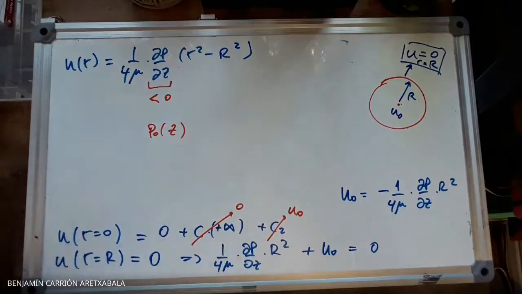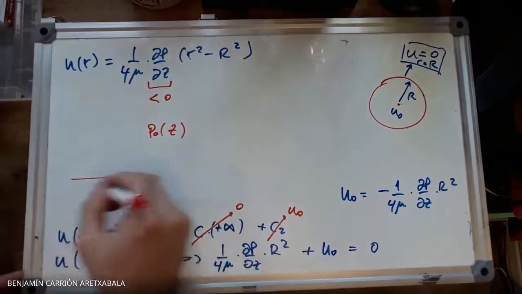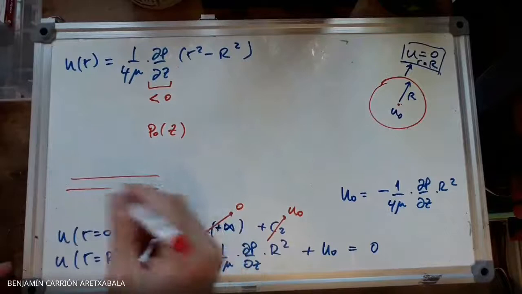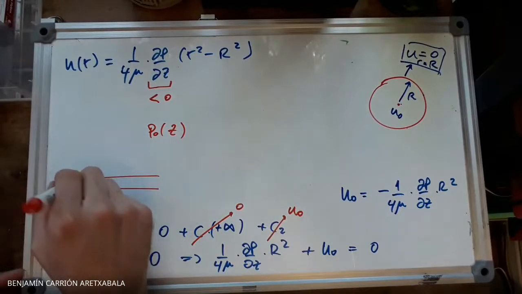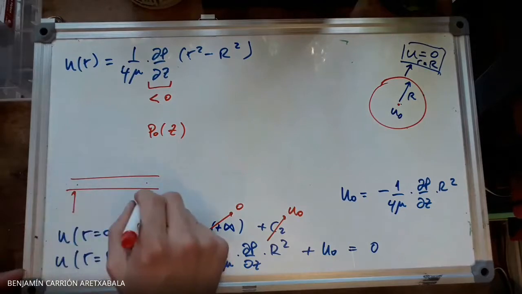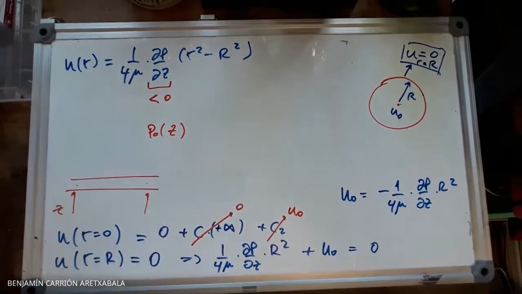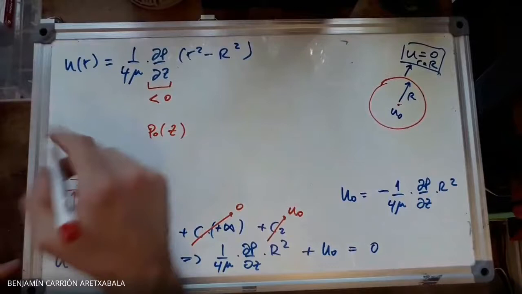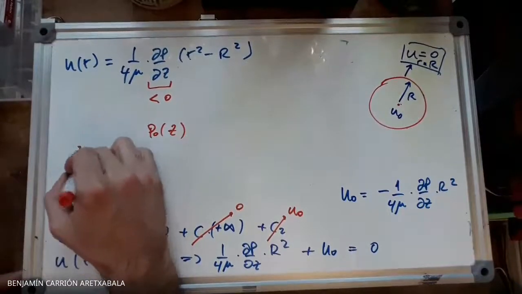If you have a horizontal blood vessel or pipe or whatever, here you have the same energy as here. You have the same Z, the same velocity, so v squared over 2g is the same.